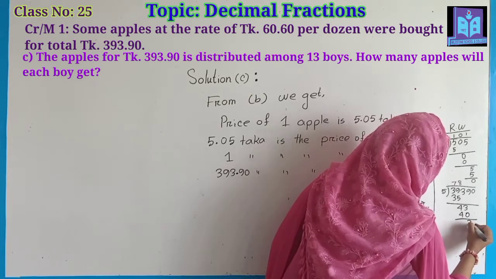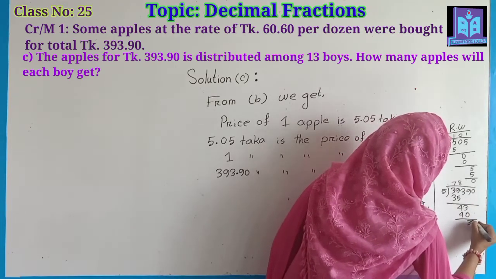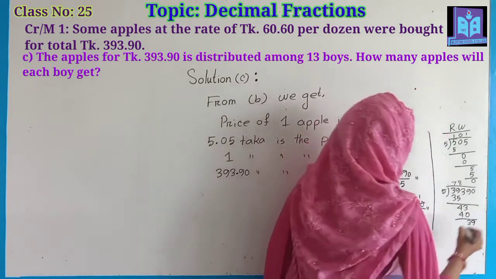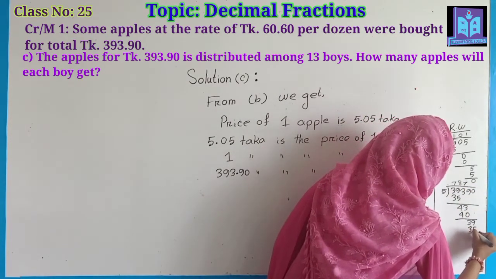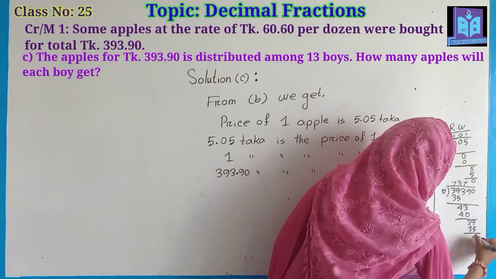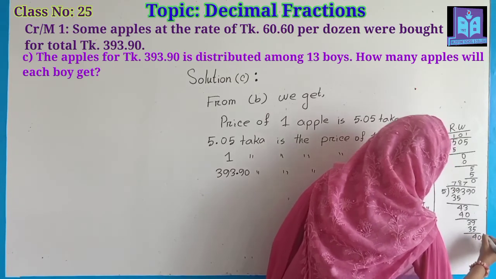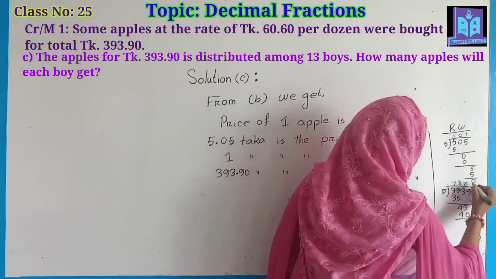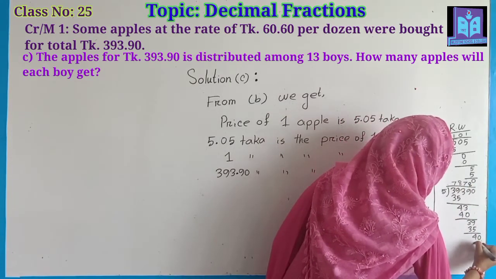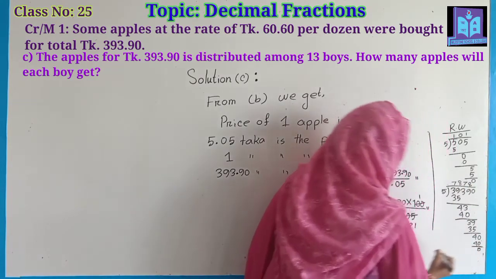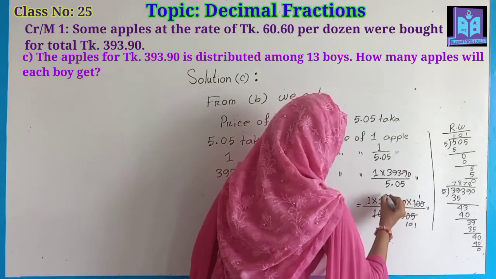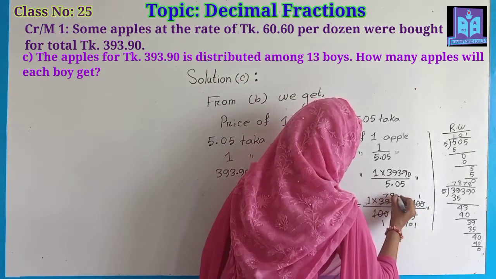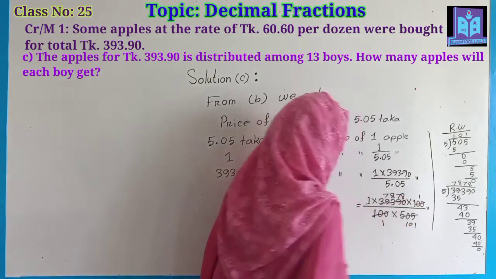There is 3 left. Our another digit is 9. Again we can take 7 times. 5 sevens are 35. There is also 4 left. Another digit is 0. 5 eights are 40. We got the quotient. Our quotient is 7,878.